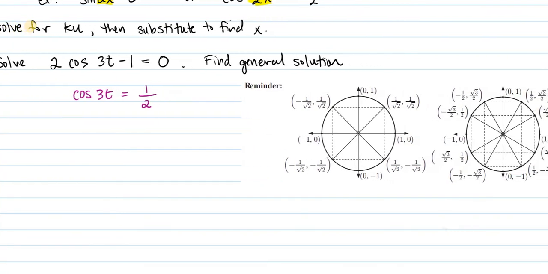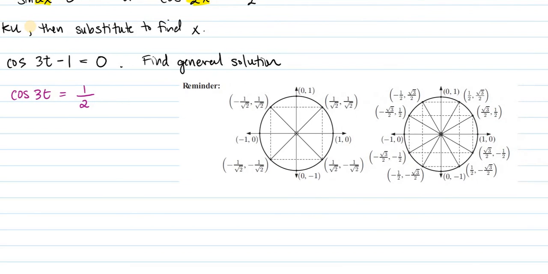So if I go to my unit circle, the cosine is the x values. So positive 1/2 is here, and then positive 1/2 is also here. Those correspond with pi over 3 angle and 5 pi over 3 angle.